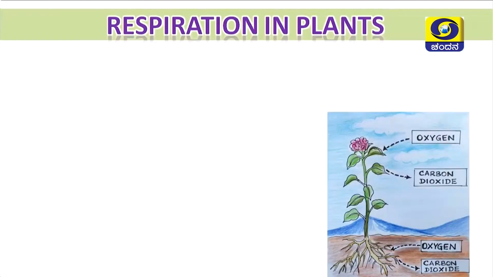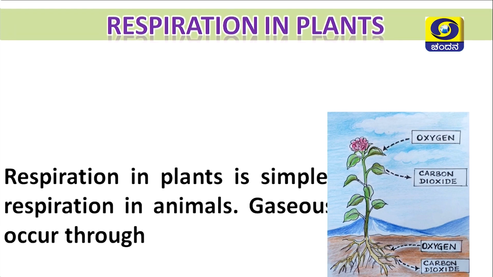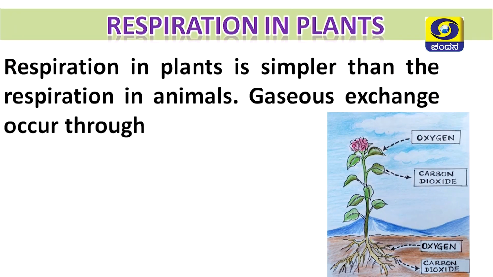You can see in this particular diagram respiration taking place through the tips of the plants such as the shoot tip, through the leaves, sometimes through the stems, and even through the roots. Oxygen is taken in and carbon dioxide is released out. Respiration in plants is comparatively simpler than in animals.